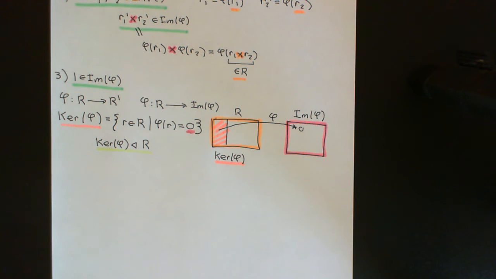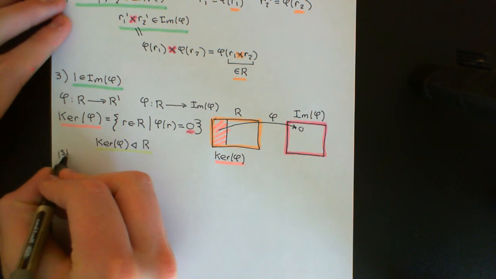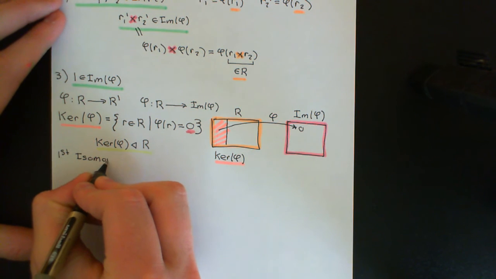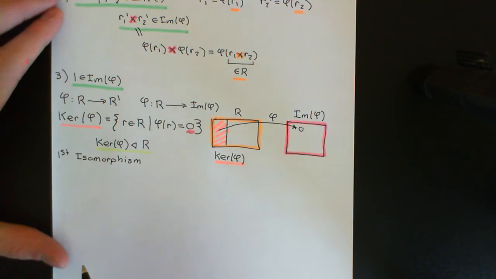Now let's actually state the first isomorphism theorem, which is going to give us a complete understanding of ring homomorphisms. I'll just write out its big title here. There are other isomorphism theorems: there are also the second isomorphism theorem and the third isomorphism theorem.